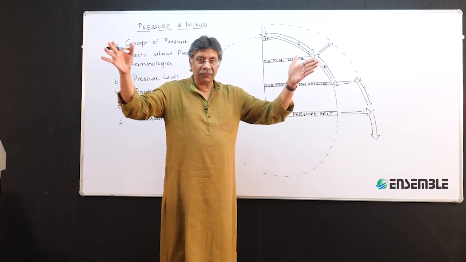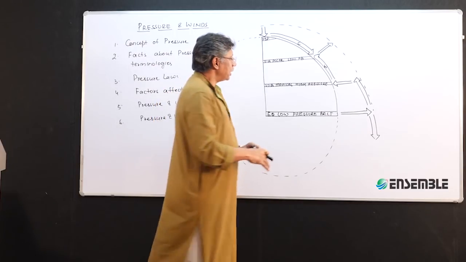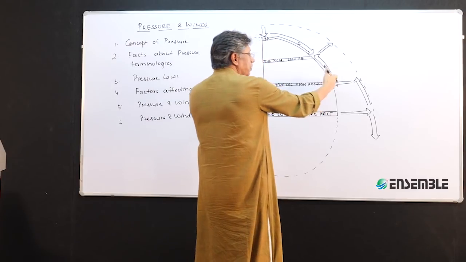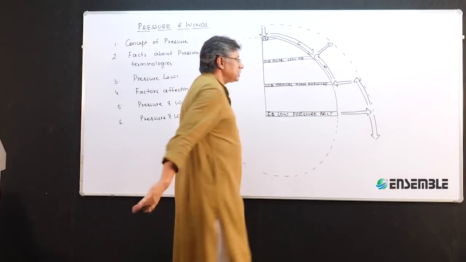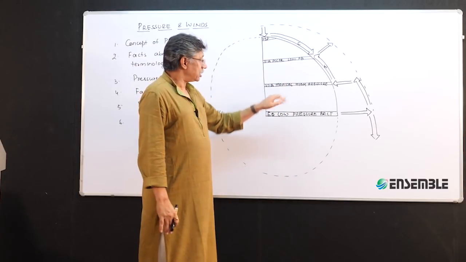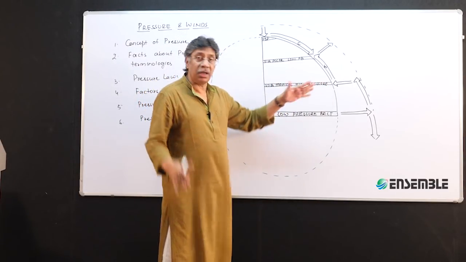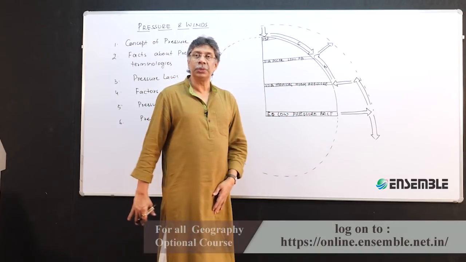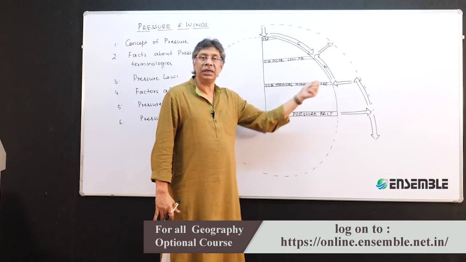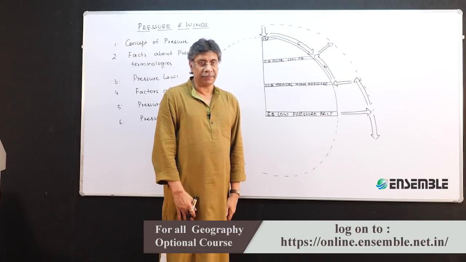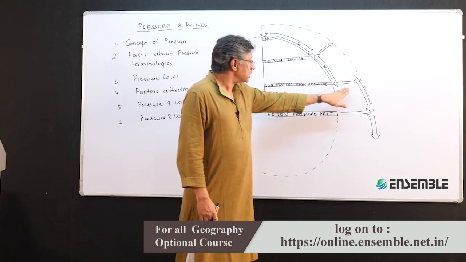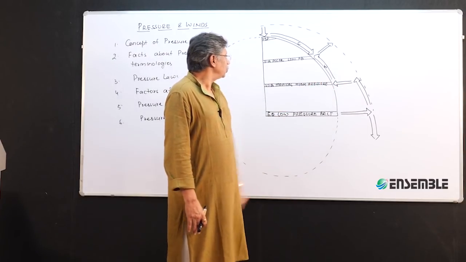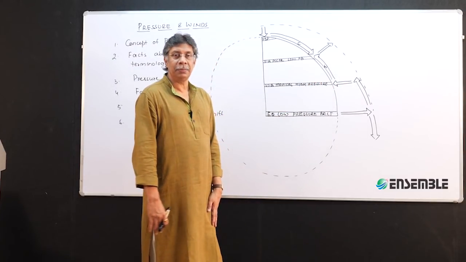So that much amount of air finds itself compressed into a small amount of space. That means the space is getting constricted and the air is prompted to shrink itself into this region. Because it shrinks into a lesser area, consequently the pressure becomes high. The force per unit area becomes high. That is another part associated with it. So that goes on to make it the subtropical high pressure belt.